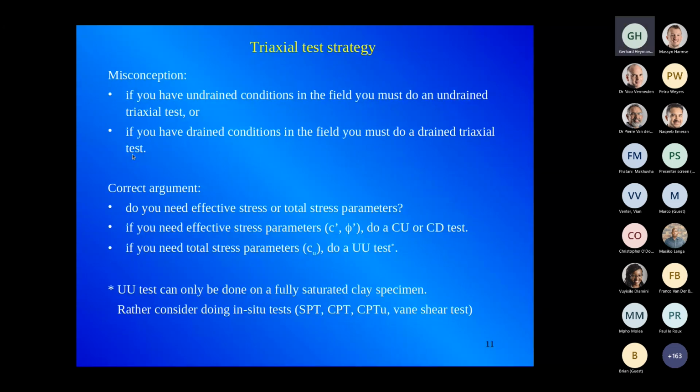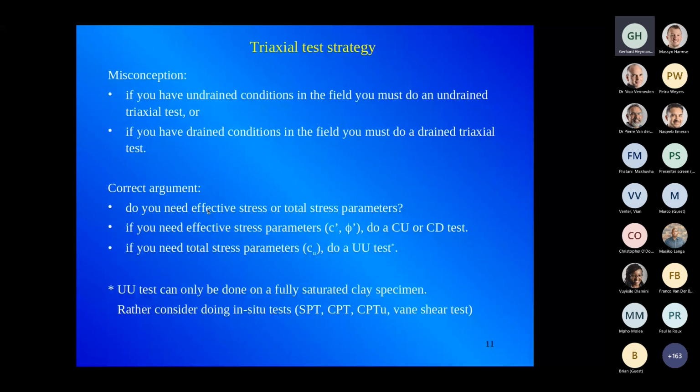The correct argument is as follows. Do you need effective stress or total stress strength parameters? Are you going to do a short-term design or are you going to do a long-term design? That is the question. If it's a short-term design, you need total stress parameters. If you're going to do a long-term design, you need effective stress parameters.